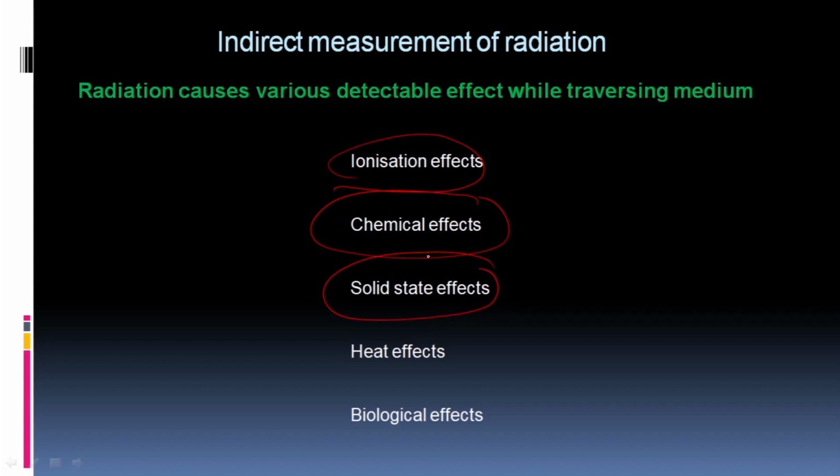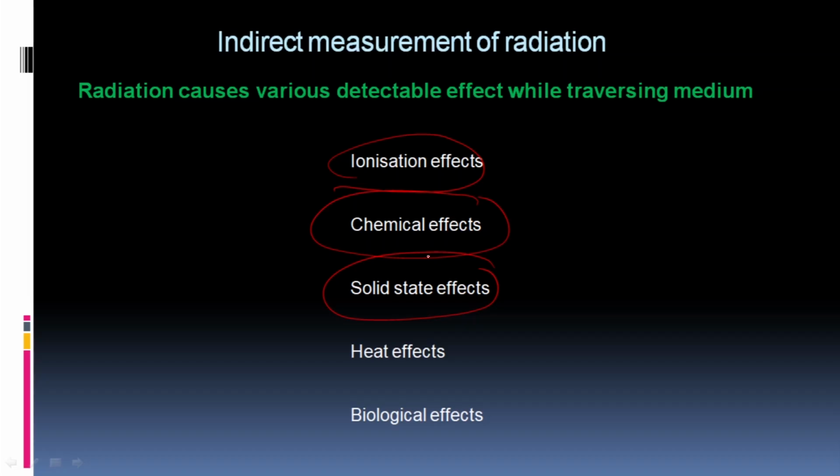And next is, as radiation is a type of energy, this energy is absorbed by the material medium. While absorbing, the material medium may convert this energy into heat energy.